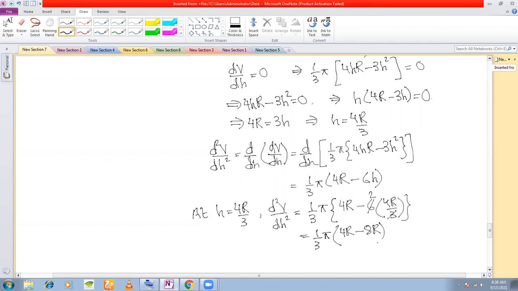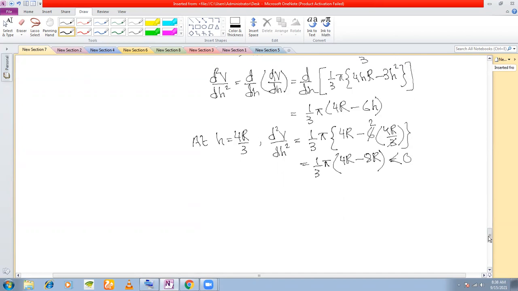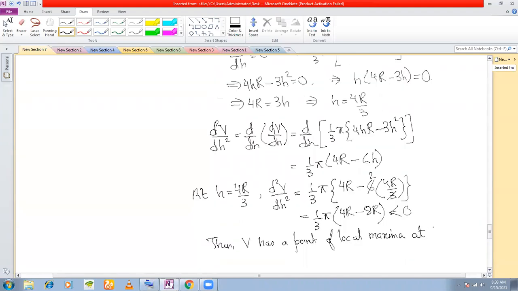So is this positive or negative? 4r minus 8r is negative. 1/3 pi is positive, 4r minus 8r is negative. Thus, V has a point of local maxima at h is equal to 4r by 3.